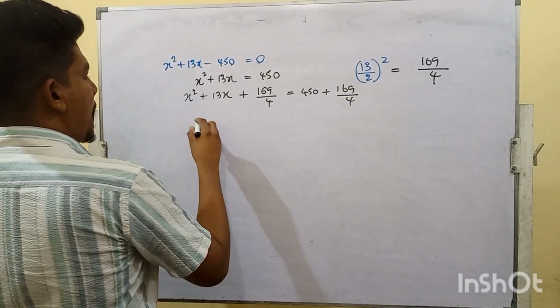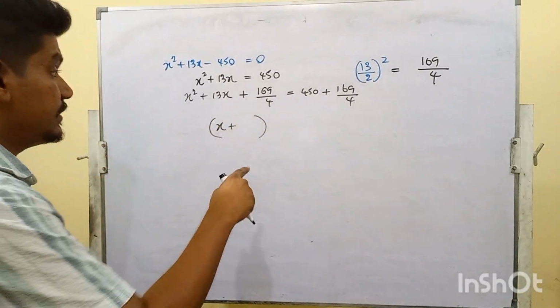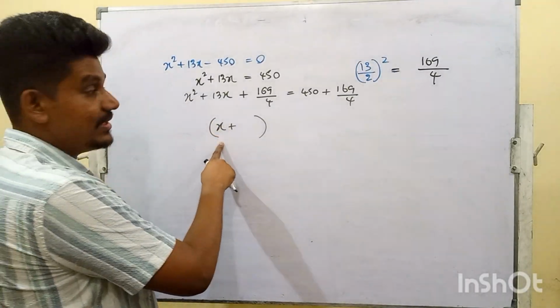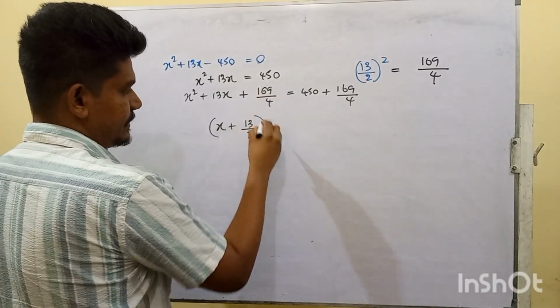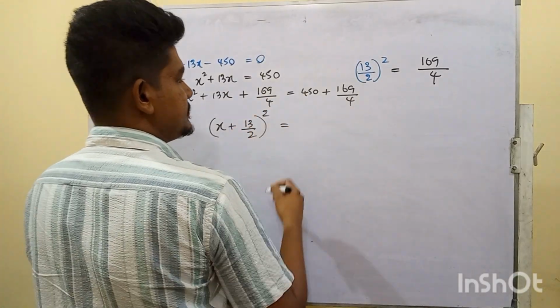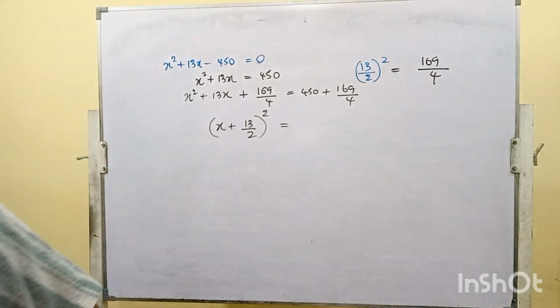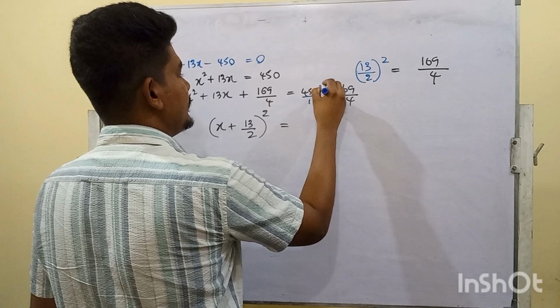And this can be written as a bracket, completing the square. So you can write x squared as the first term, and the second term is 13 over 2, squared. Then the square equals this one. We can make the denominators equal. In order to make the denominators equal, since it's 1, you have to multiply it by 4.